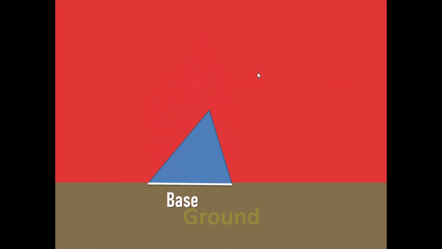Next, we will find the highest point of the triangle, which is a vertex that is not touching the ground. The length of the line from the tip of the triangle to the ground is called the height of the triangle.